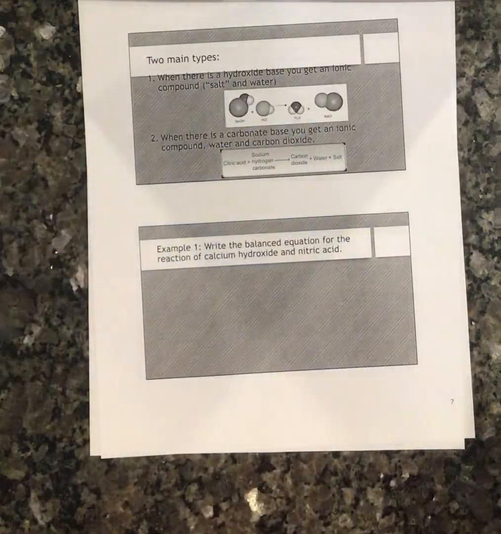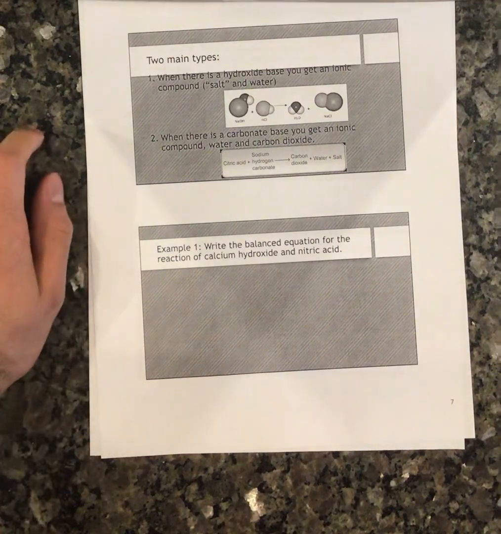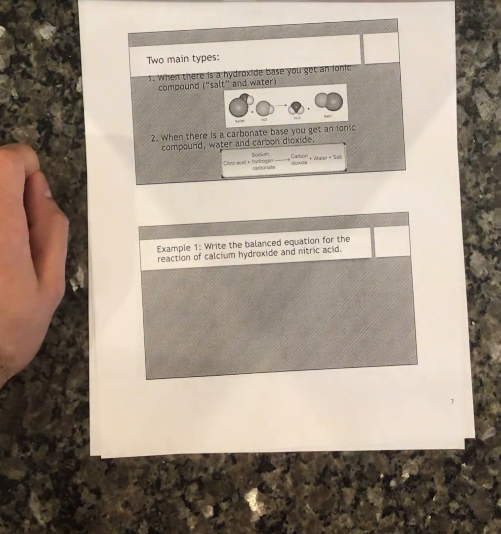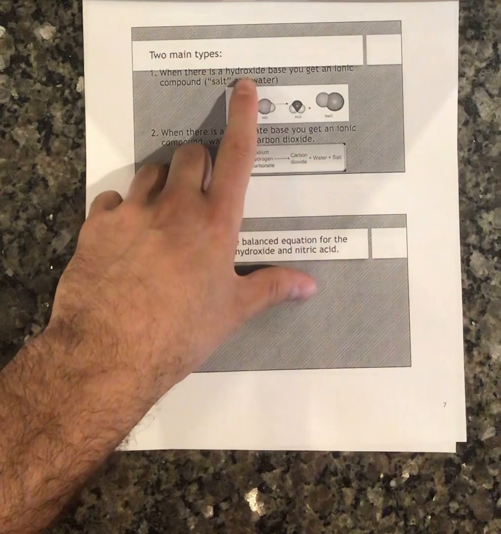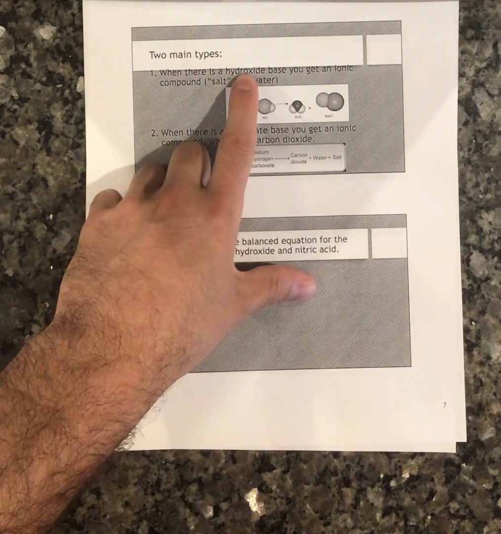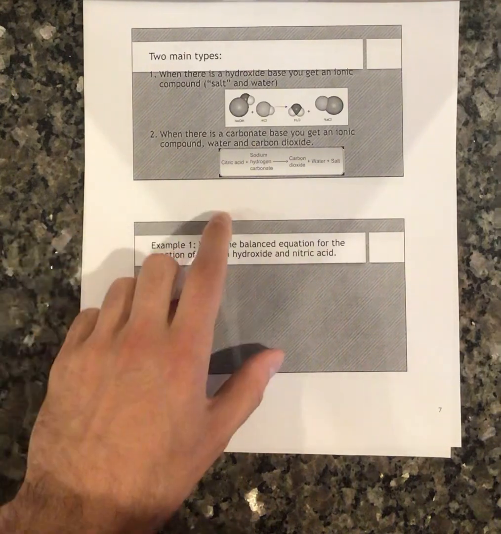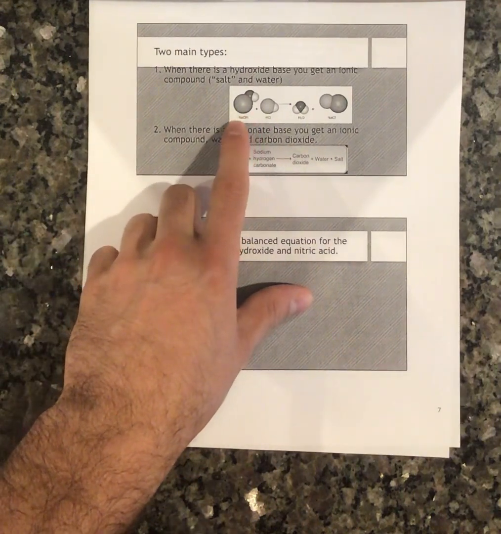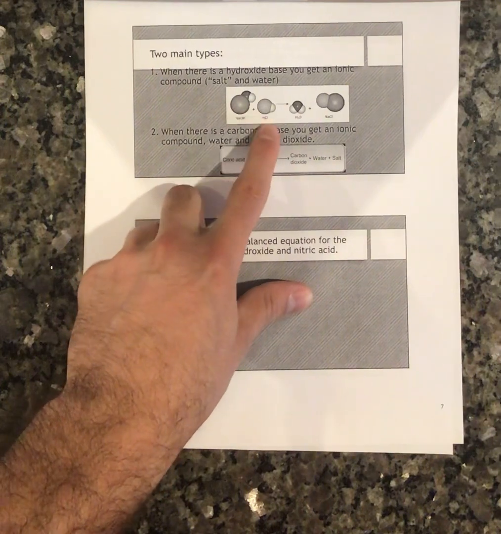Now if we're taking a look at our reactions here, we're going to be looking at two types of neutralization reactions. The first one has to deal with a hydroxide base. So for example, NaOH, sodium hydroxide, that's a hydroxide base, plus any acid.